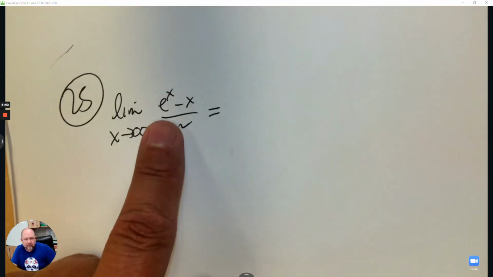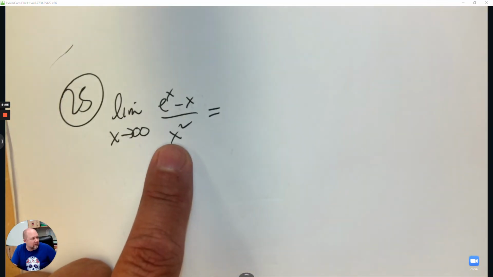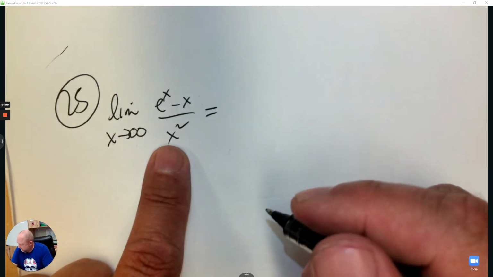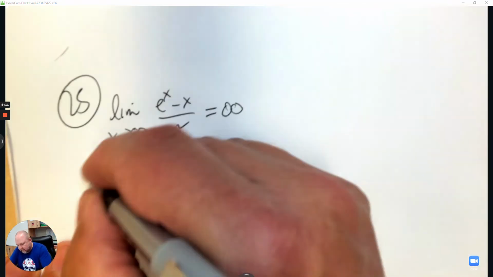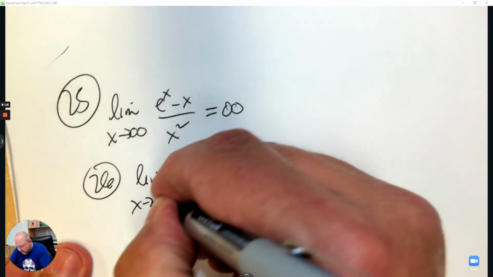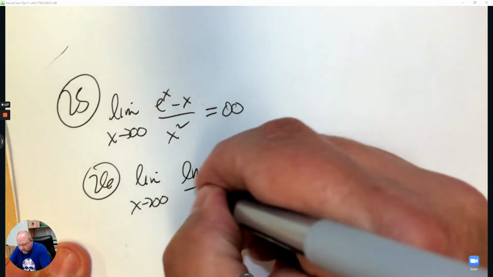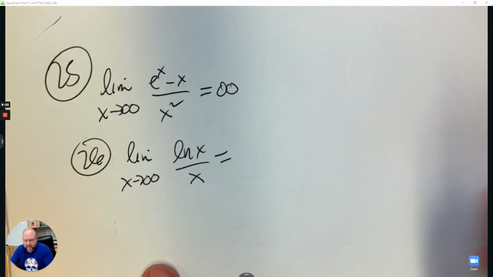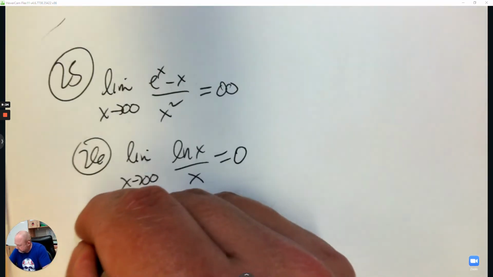So because the top is increasing faster than the bottom, this is going to infinity. Or you can say it doesn't exist. 26, the limit as x approaches infinity, ln x over x. Because the bottom is increasing faster than the top, this is 0.